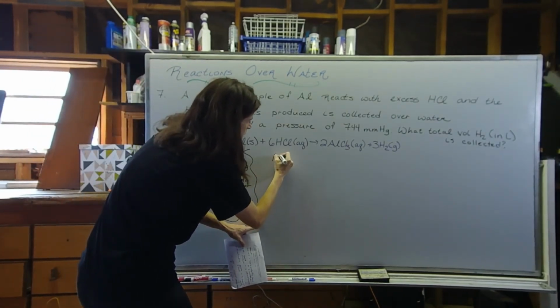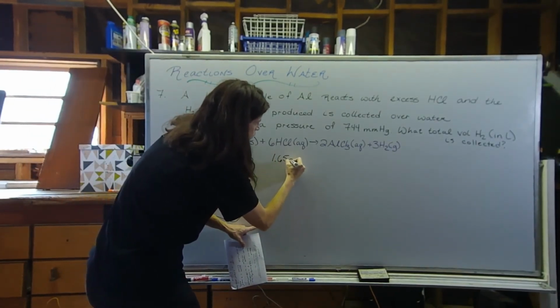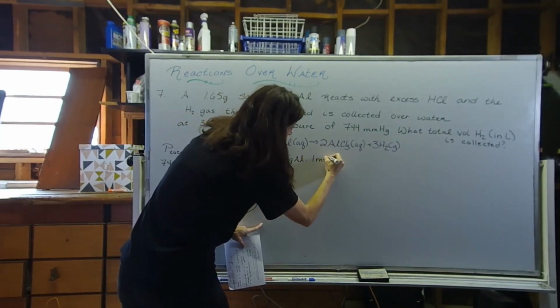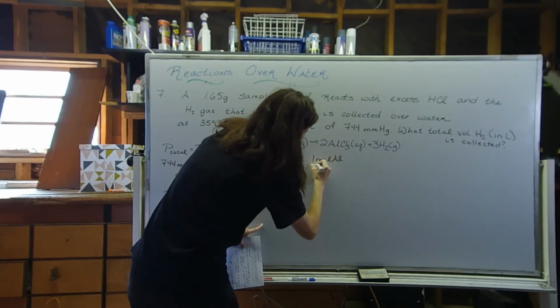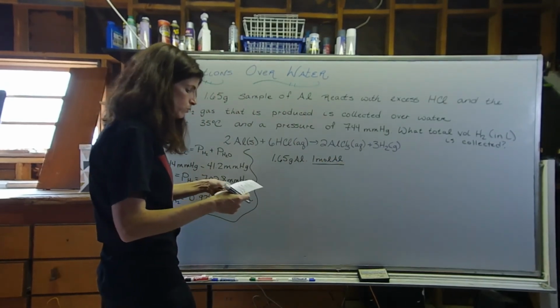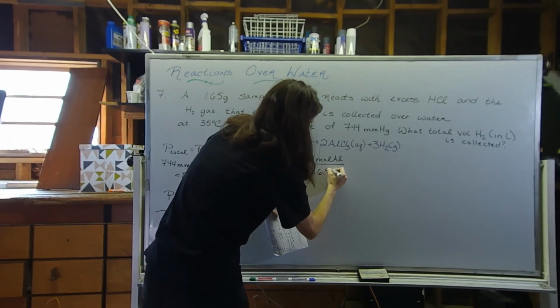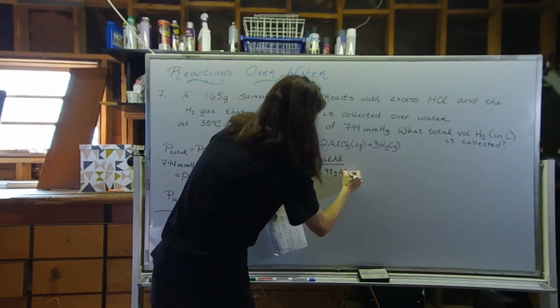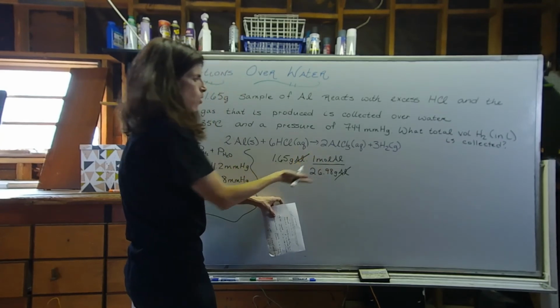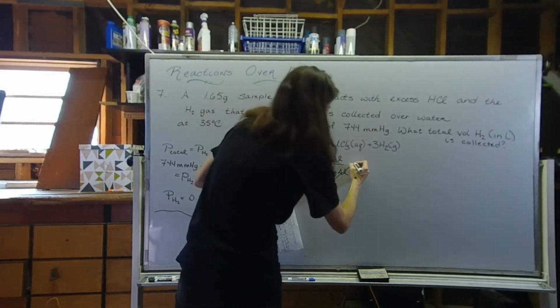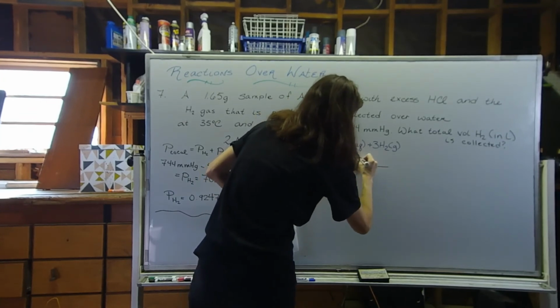So 1.65 grams of aluminum and 1 mole of aluminum has 26.98 grams. Now I want to get rid of moles of aluminum, so I'll do 2 moles of aluminum per 3 moles of hydrogen gas.